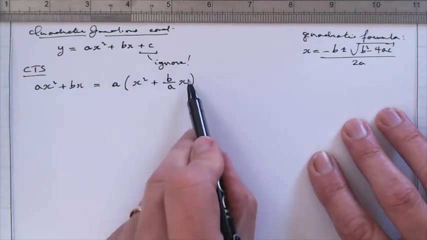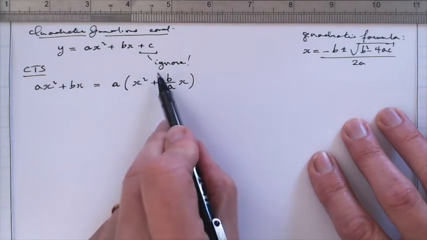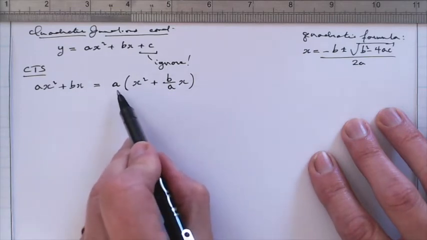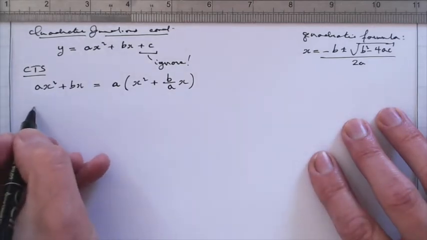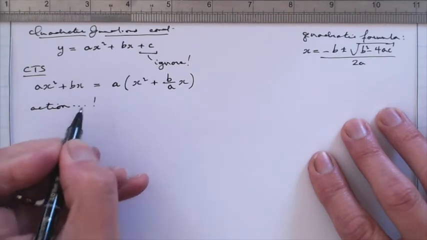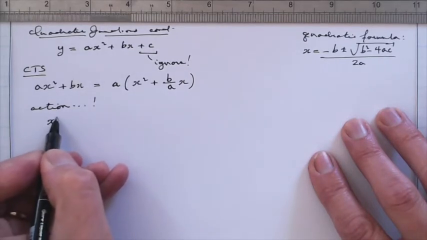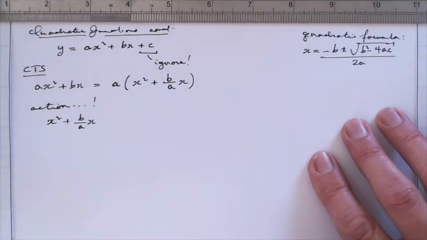And it's this bit in here now where all the action is. Once we've figured out this bit, we're just going to multiply by a, add back the c, and we're done. So the action now starts with looking at x squared plus b over a times x.